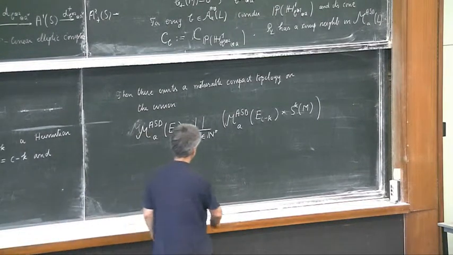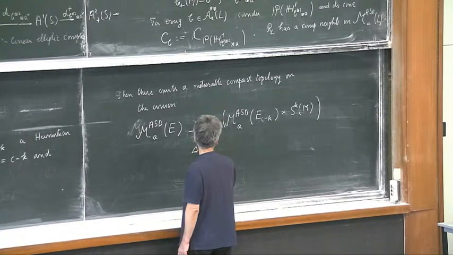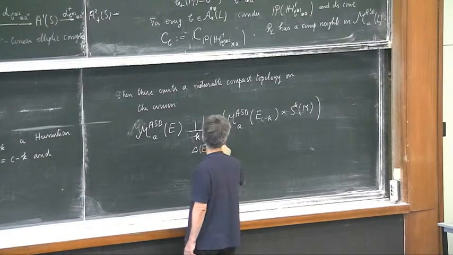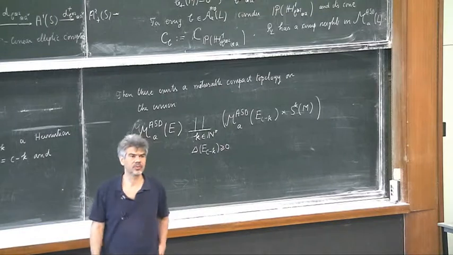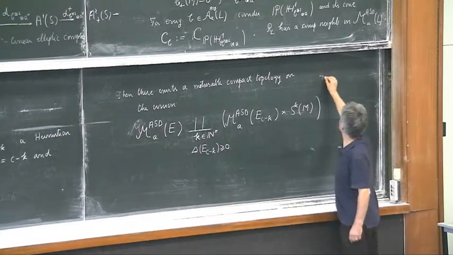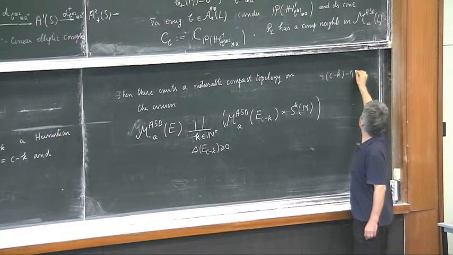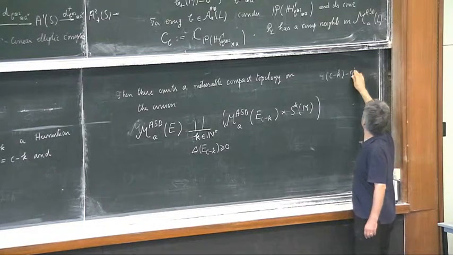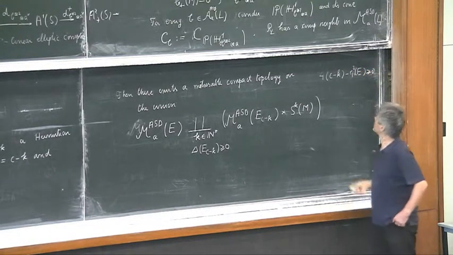So the condition is, so delta of E say minus K must remain positive, which means that you must have something of type 4C minus K minus C1 squared of E is positive.